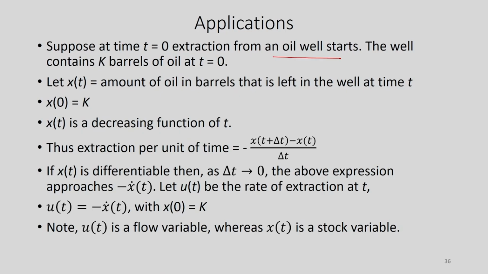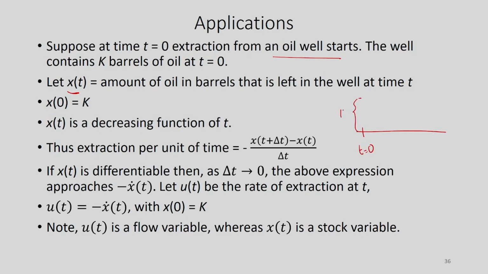Let us suppose x t, so it is a function of small t, is the amount of oil in barrels that is left in the well at the time small t. So, think about this in terms of a diagram. Here you have t is equal to 0. Now, here how much oil is there?